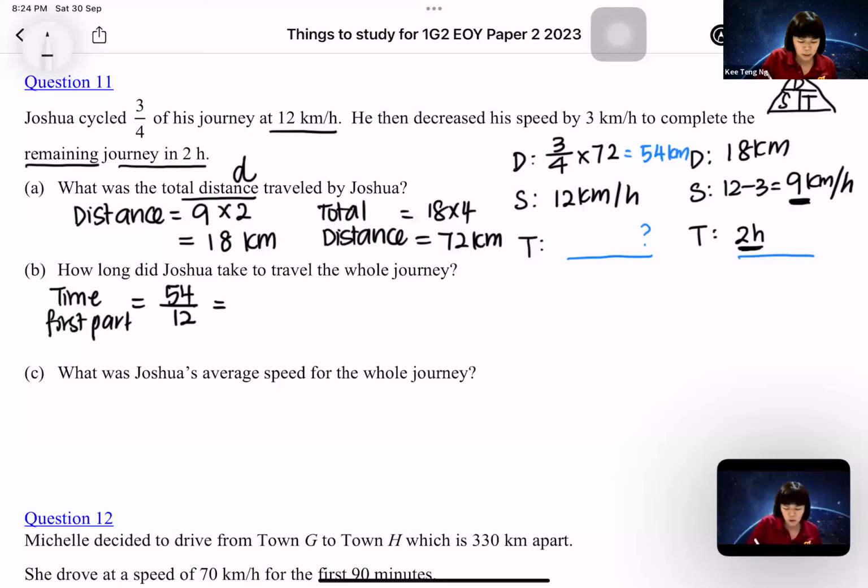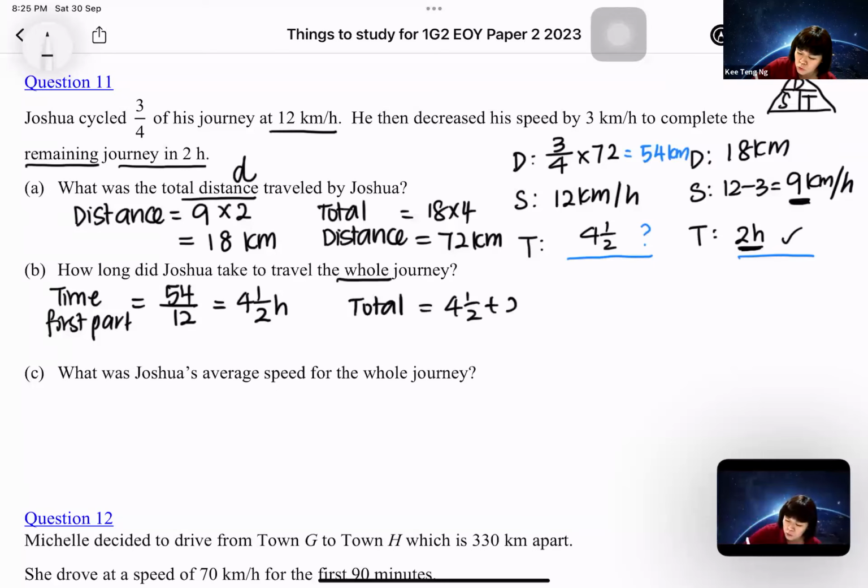So 54 divided by 12 gives me 4.5 hours or 9/2 of an hour. But they want to travel the whole journey, right? So total time, the second part of the journey was 2 hours, right? So 4.5 plus 2 gives me 6.5 hours. Is this okay?